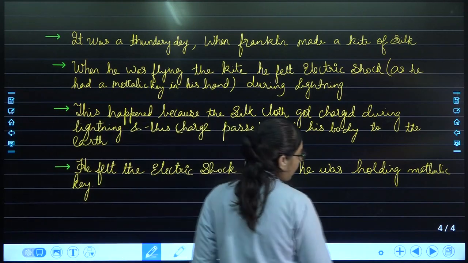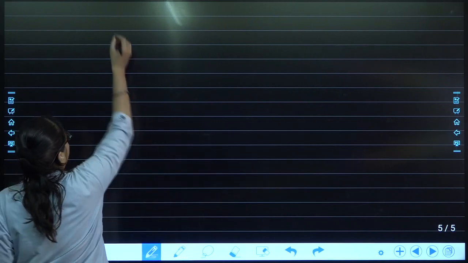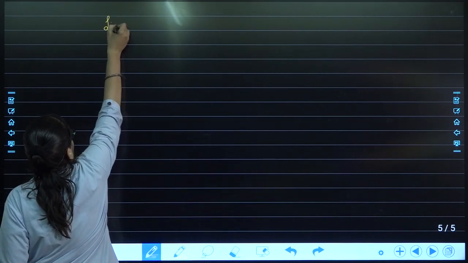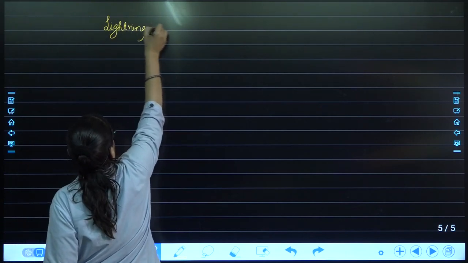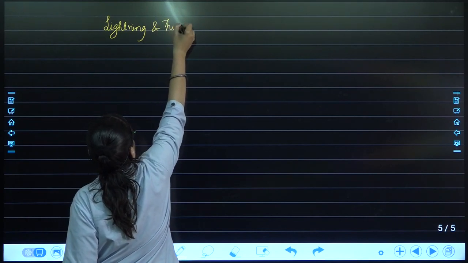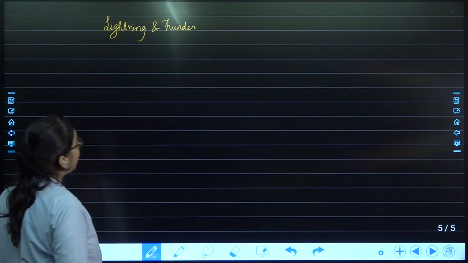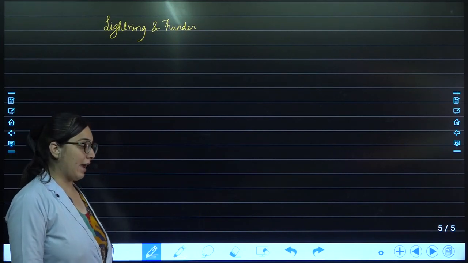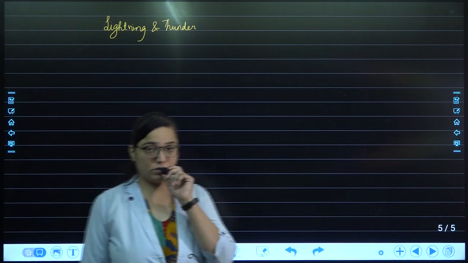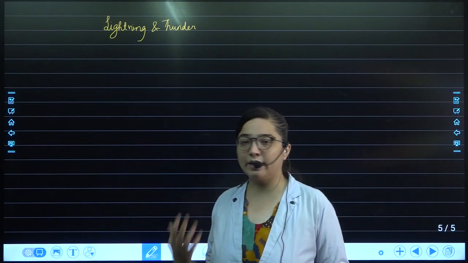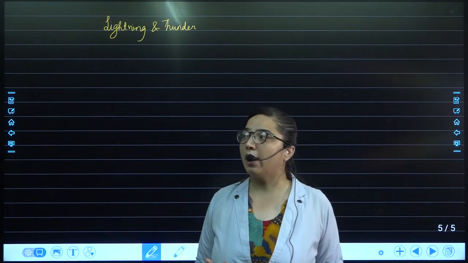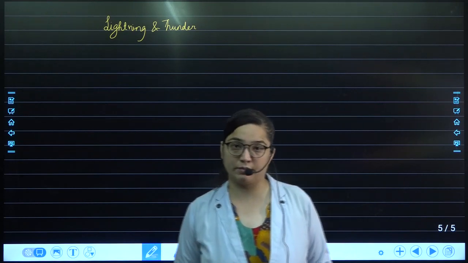Now, moving to the next concept, that is lightning and thunder. What is lightning and how is it caused? First of all, you already know that all the clouds contain water particles.